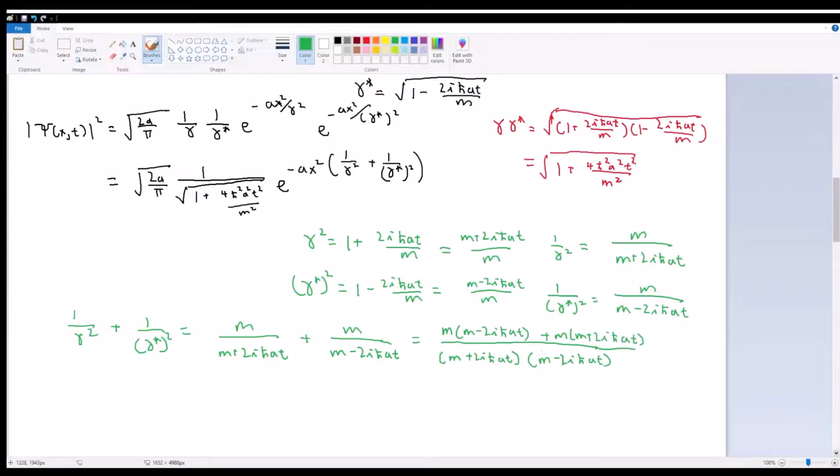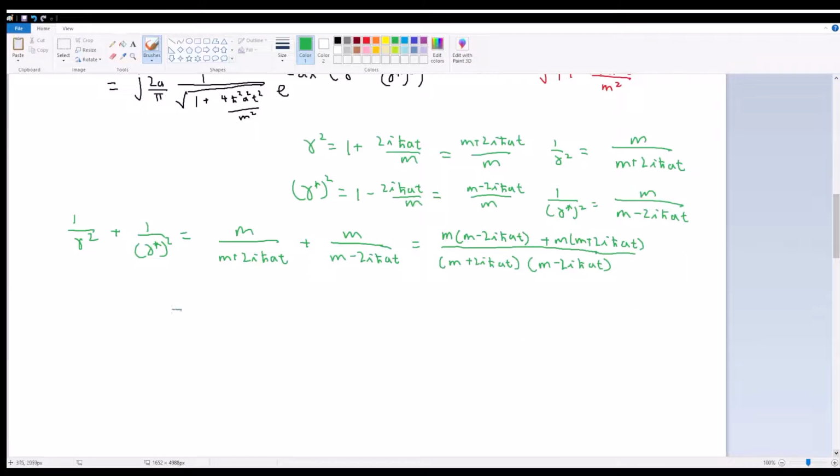These bottom terms are complex conjugates, so they're going to cancel out very nicely. At the bottom we get m squared plus 4 h bar squared a squared t squared. At the top we have these two lower terms, so m times negative 2i h bar at and m times positive 2i h bar at both cancel out, so we're left with m squared plus m squared, so this is just 2m squared.